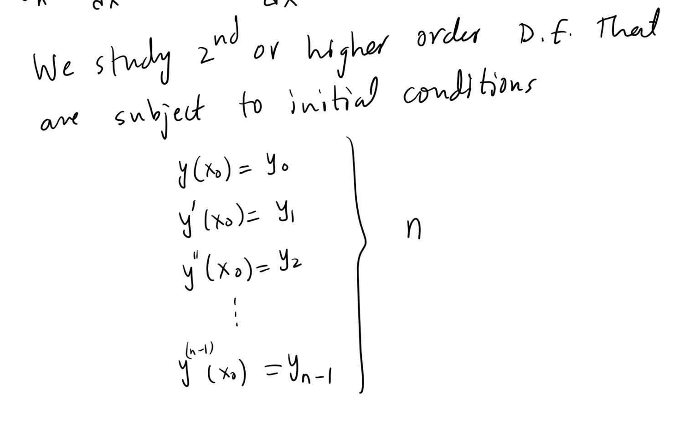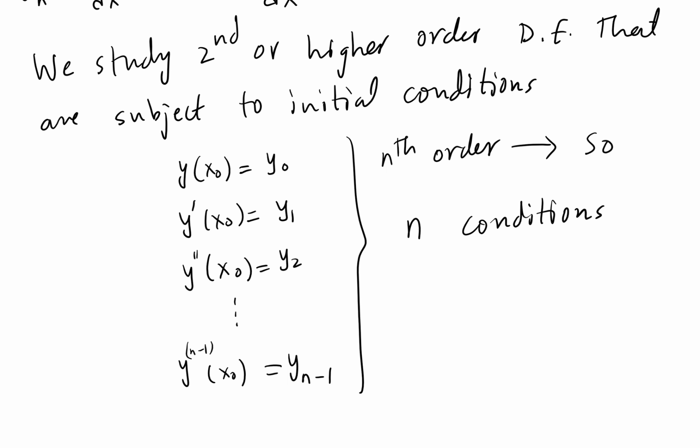Notice we have n conditions. Since it's an nth order differential equation, n conditions are involved. So in the initial value problem, the conditions are given in this format: y, y prime, y double prime, all the way up to the (n minus 1)th derivative.